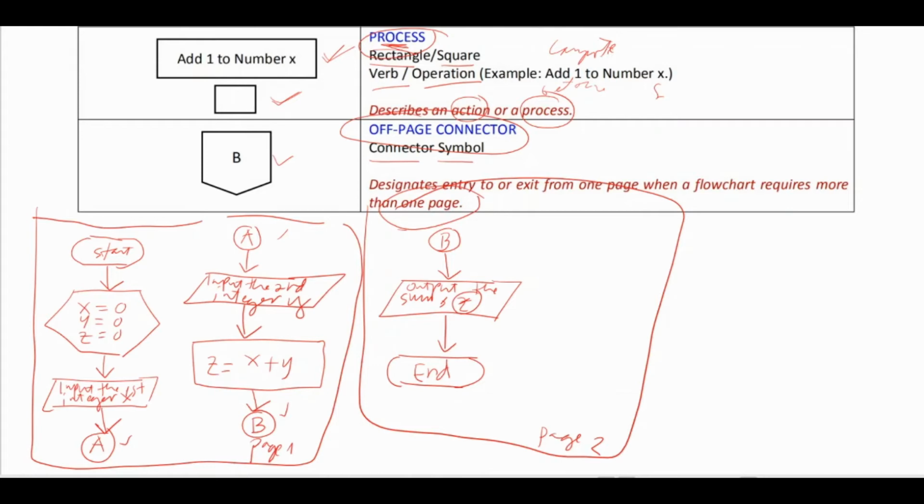Instead, you're going to use an off-page. So we use an off-page, so it would be like this. So we call this now an off-page connector. This is the exit point of the off-page connector, and this is the entry point of the off-page connector.